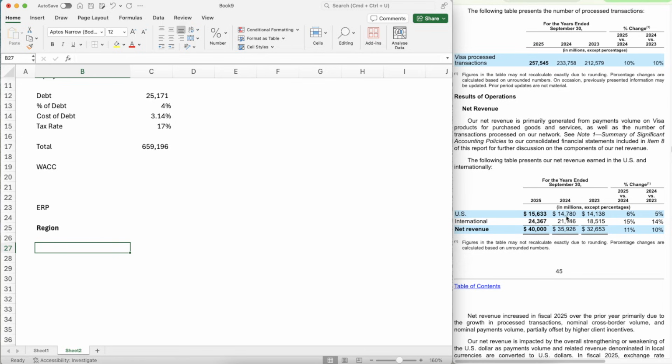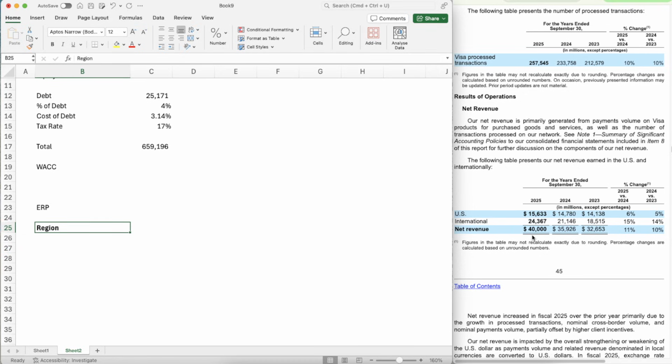Because as you can see, 15.5 billion of revenue comes from the US. The rest of that, nearly 25 billion, is international, which means it's going to be nowhere near the US risk-free rate. So we have to factor in all of those risks to those revenues.